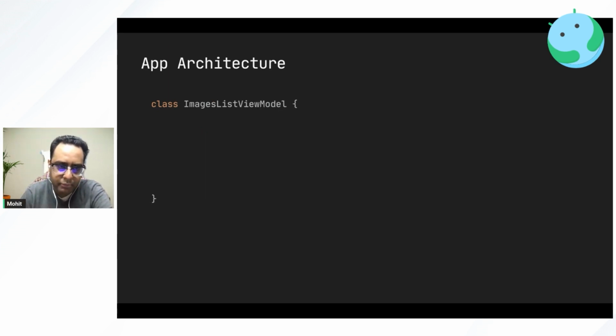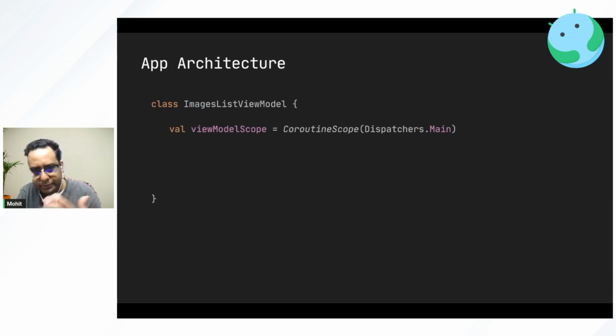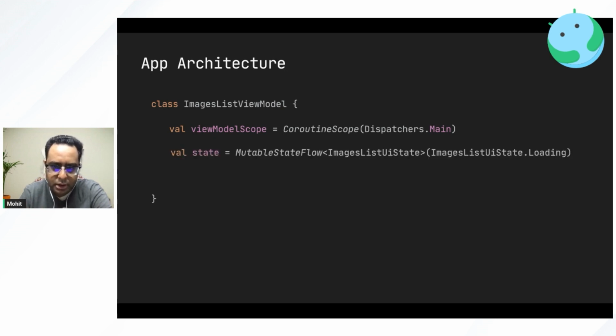In my view model, I can't use viewModelScope because that's not multi-platform. I have to create my own, and that's one of the downsides. I have to manage canceling this scope, and I would create a state flow in here that emits some UI state. This is similar to what you would do on Android.